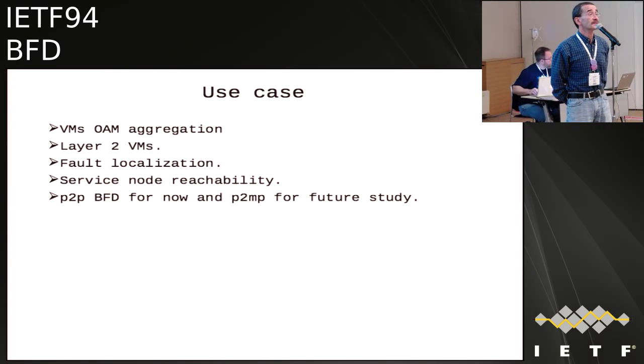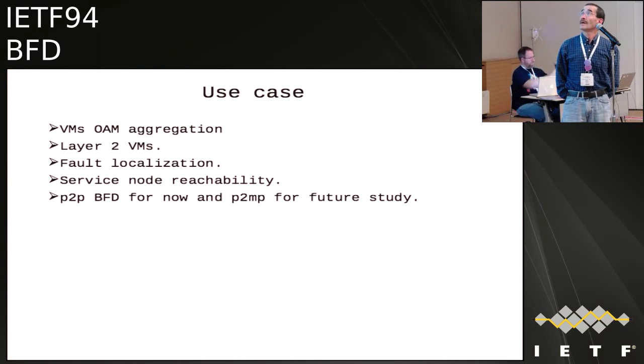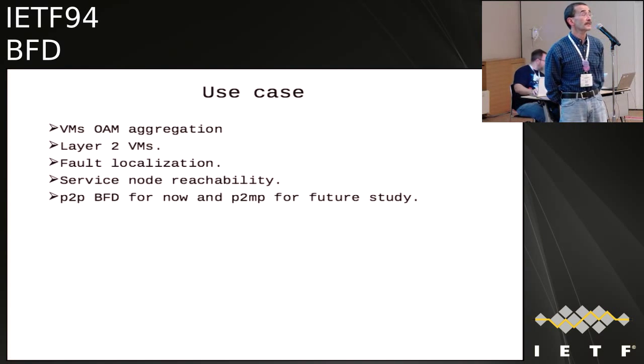What it addresses is use cases that include OAM between virtual machines, fault localization, and service node reachability. Currently, we're considering the use case for point-to-point BFD, and point-to-multipoint BFD is for further study. We had a pretty extensive discussion among the authors because currently VXLAN does not have an explicit case for multicast.